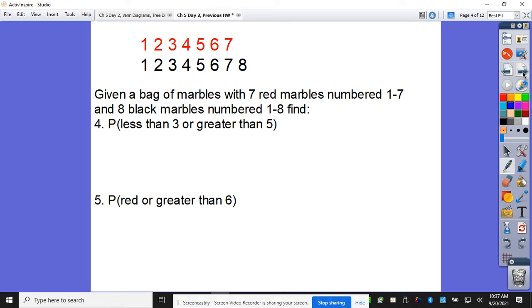Given a bag of marbles, 7 are red, numbered 1 to 7, 8 are black, numbered 1 to 8. I'm going to write this one out showing your work, even though I told you didn't. What do I need to know about these 2 things first? Do they overlap?